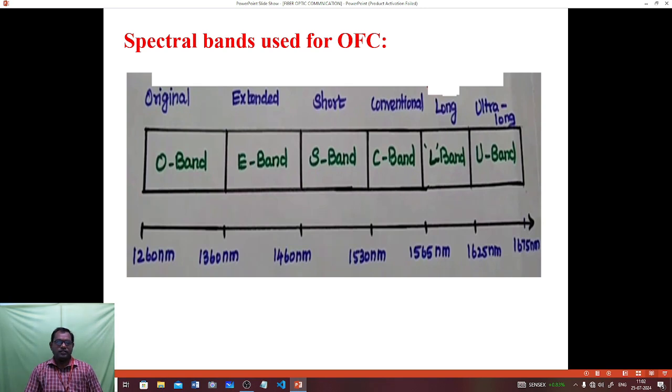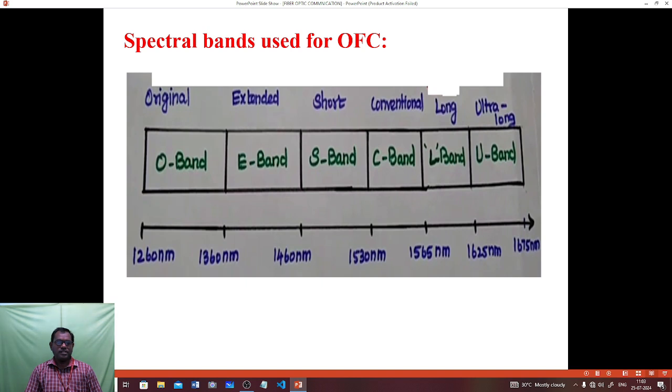There are 6 spectral bands used for optical fiber communication: the original band, extended band, short band, conventional band, long band and ultra long band.